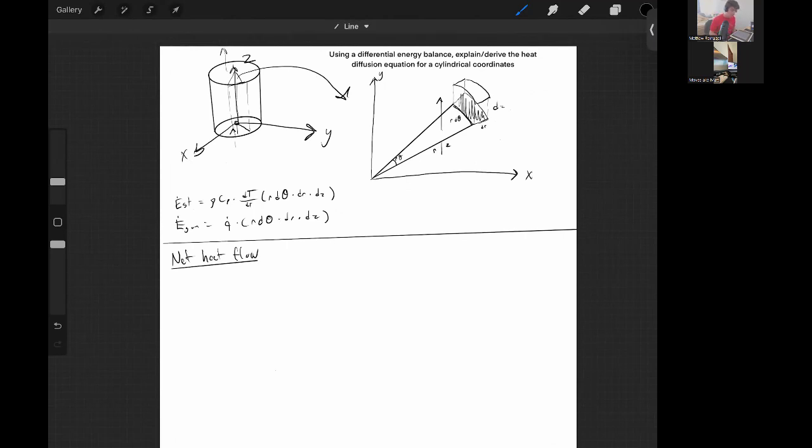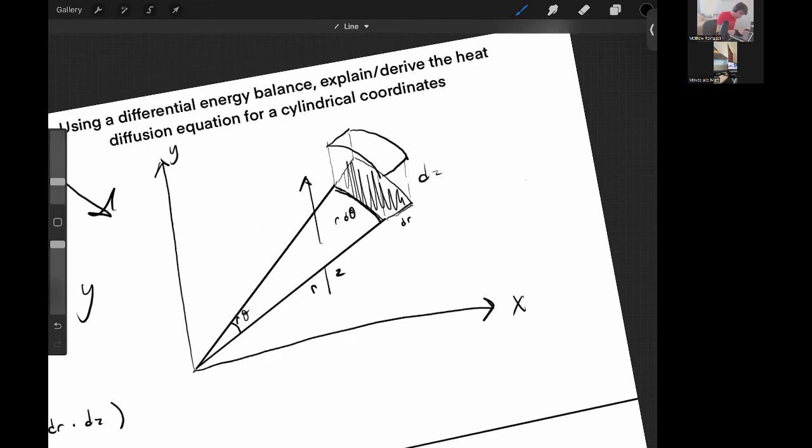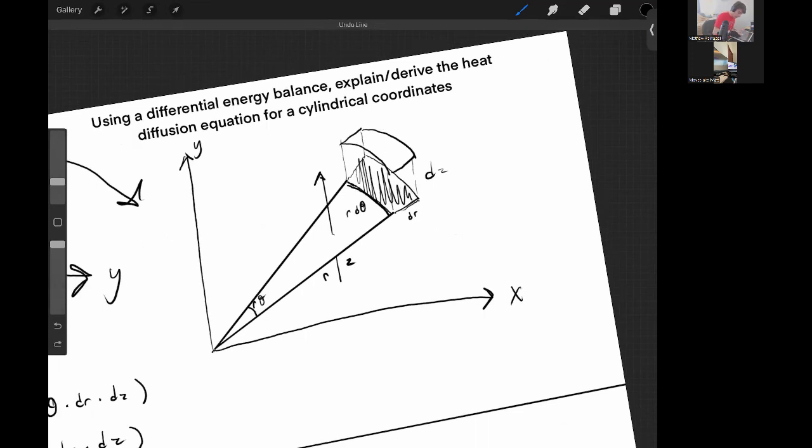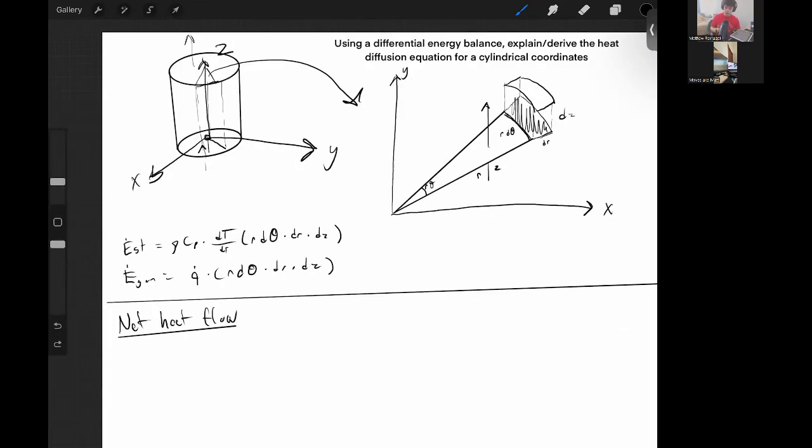Okay, so when we look at net heat flow, this is where this type of problem begins to differ compared to other net heat flows that we've looked at, because we're not just looking at this from a Cartesian standpoint where we just have one equation. This is three-dimensional. And so we have to consider it coming from the arc length, we have to consider it coming from the change of radius, and we have to consider it coming from our change of z. So how do we do this?